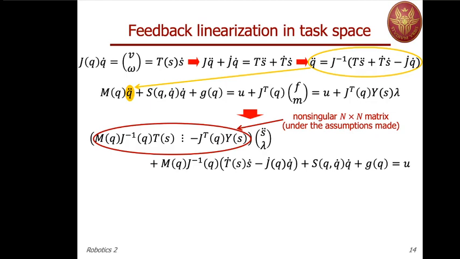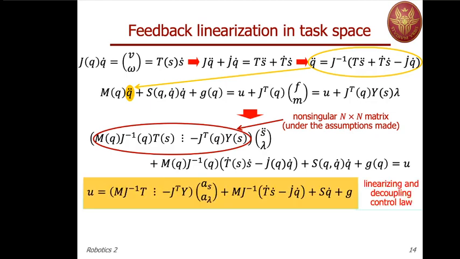And this is very important because we will not invert this, but we will eliminate this from the picture when we design the feedback linearizing control U. In fact, how did we design this? By taking this matrix and multiplying it by new inputs A of S and A of lambda, and cancelling all the rest. So the linearizing control law is in fact specified here.